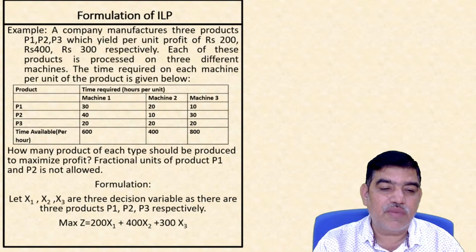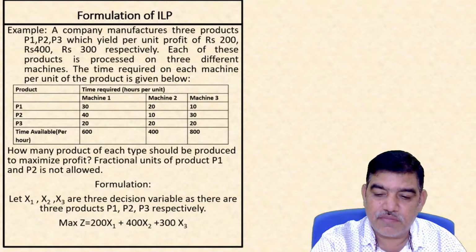So maximize Z equal to 200 x1, as mentioned in the question, rupees 200, rupees 400, rupees 300 respectively per unit profit. So that's why I'm writing Z equal to 200 x1 plus 400 x2 plus 300 x3.